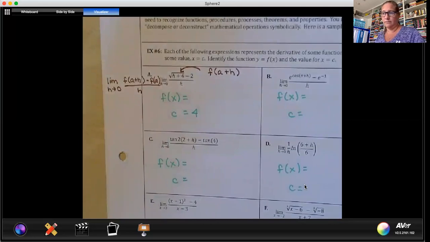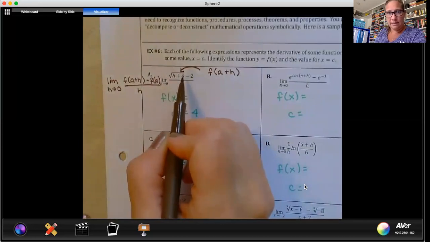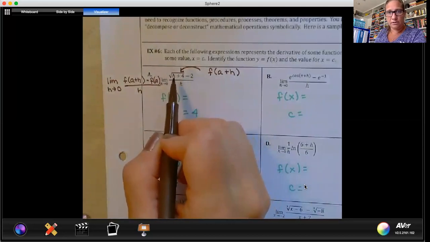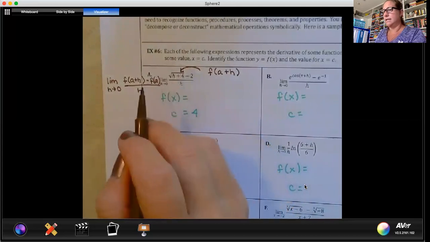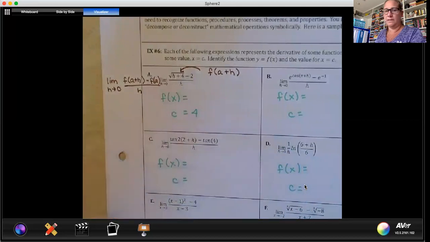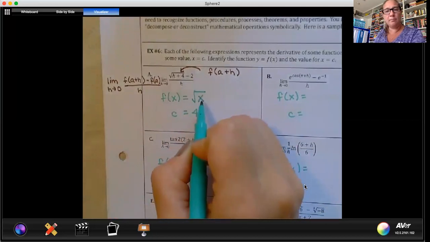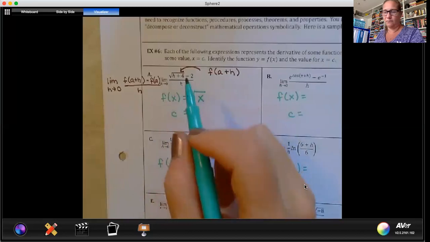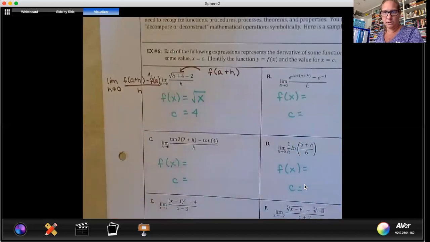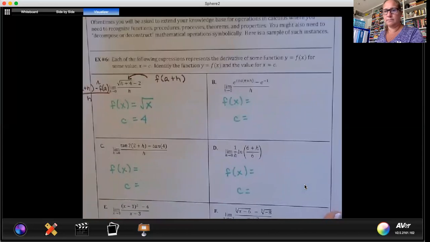So your function, if this is a plus h, which we plug in when we see an x, then your function would be the square root of x. Because if you were to plug in a plus h here, you would get the square root of 4 plus h, which is the same as h plus 4. So that's an example of a decomposition. Can be a little challenging. Just remember your formulas.